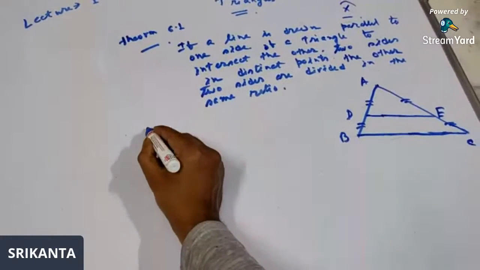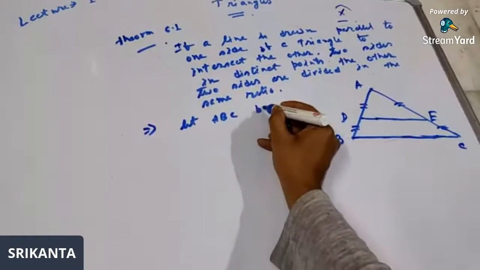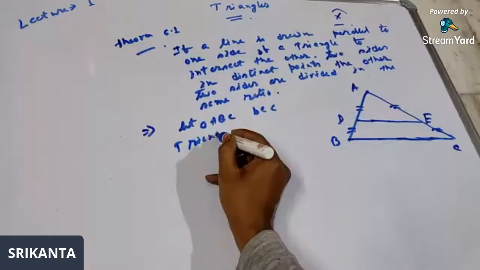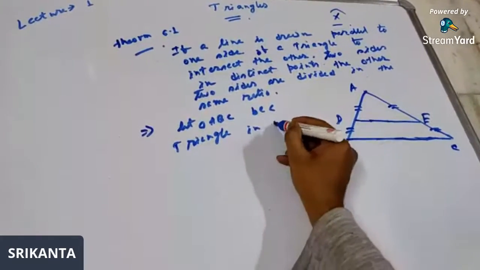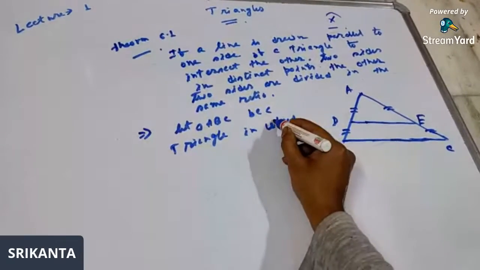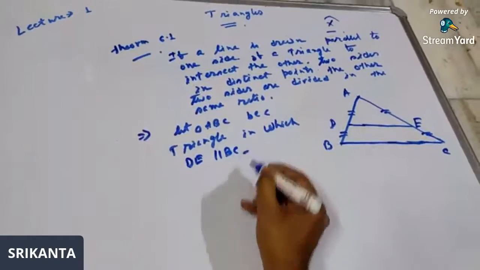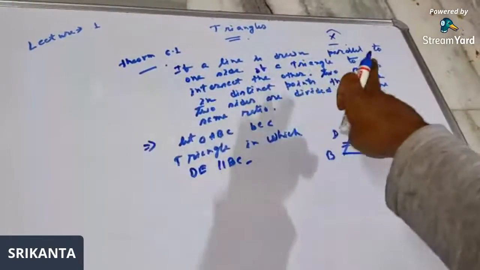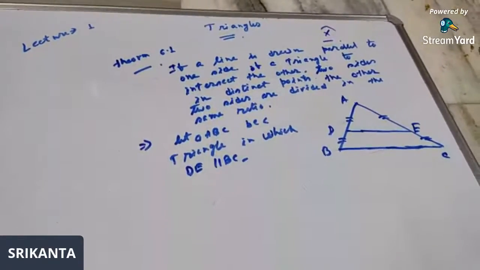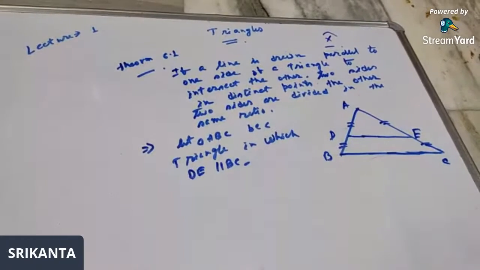So what do we have to write? Let ABC be a triangle in which DE is parallel to BC. So a line is drawn parallel to one side, and it intersects the other two sides in distinct points.